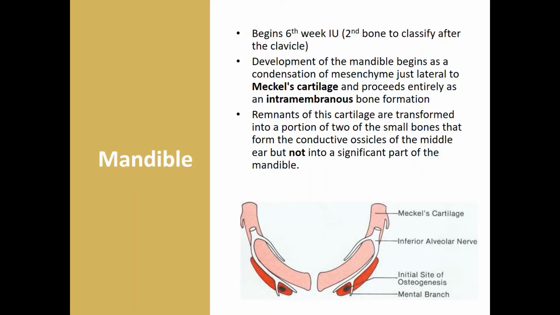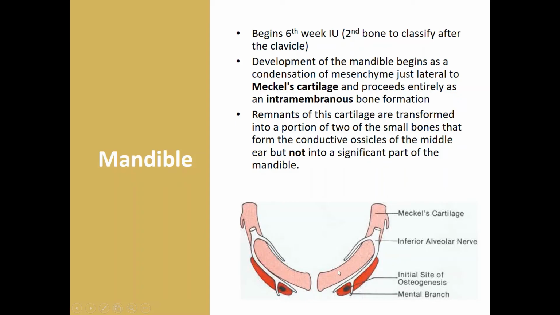And again, Meckel's cartilage will only guide condensation of mesenchymal cells at its lateral surface. Then this condensation of cells will give the initial sites of bone formation, and bone will form following the type of intramembranous ossification.